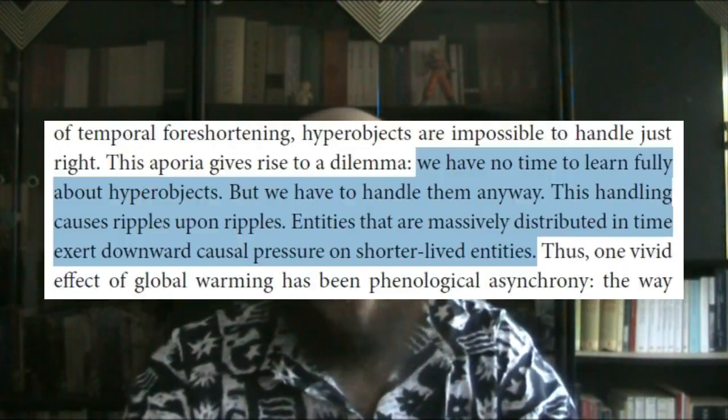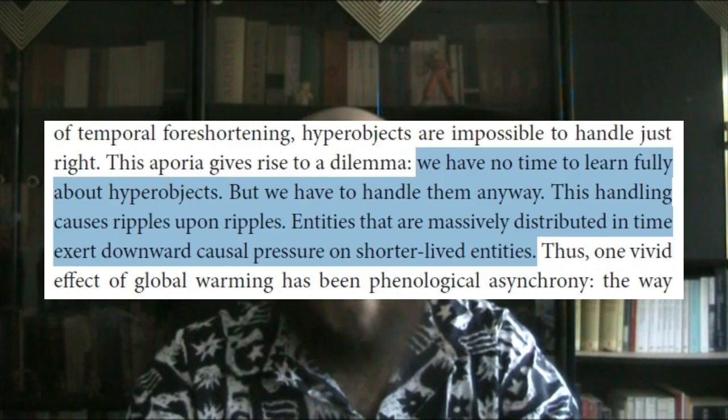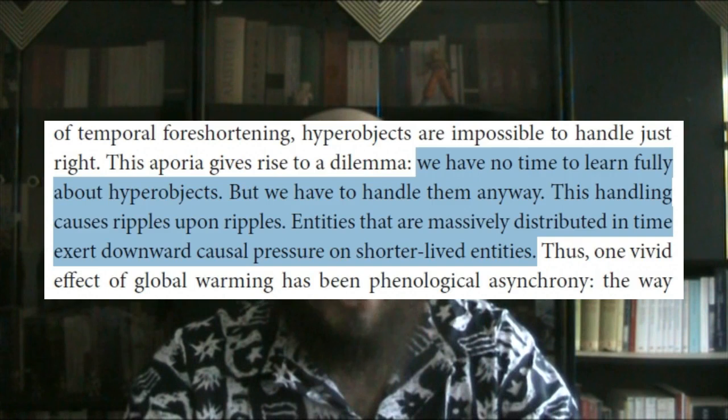Morton says we have no time to learn fully about hyperobjects, but we have to handle them anyways. This handling causes ripples upon ripples. Entities that are massively distributed in time exert downward causal pressure on short-lived entities.